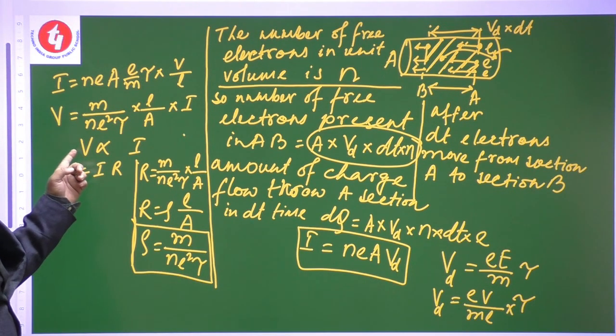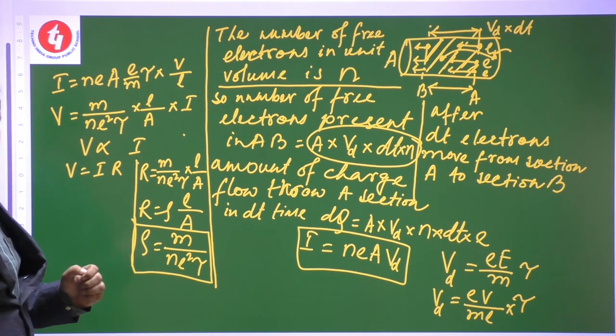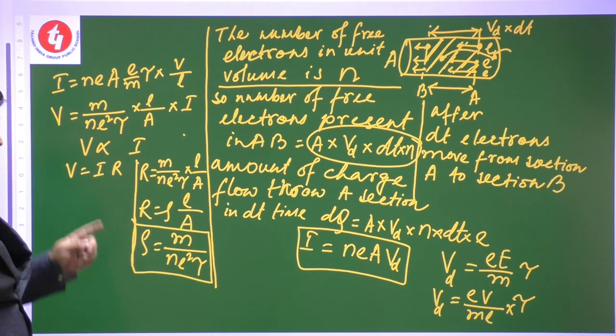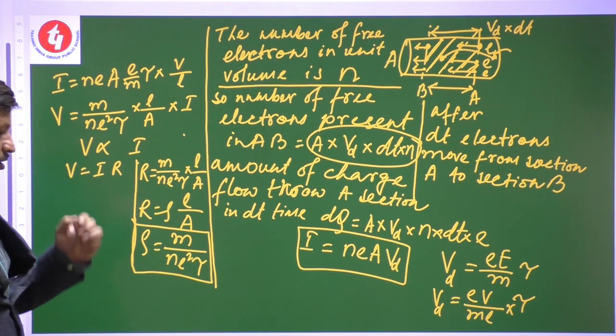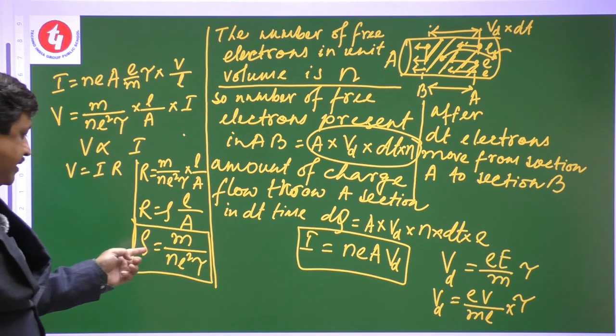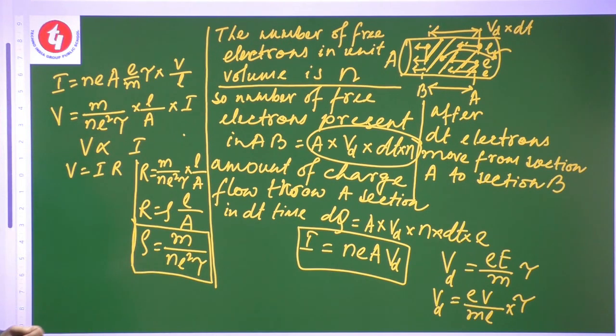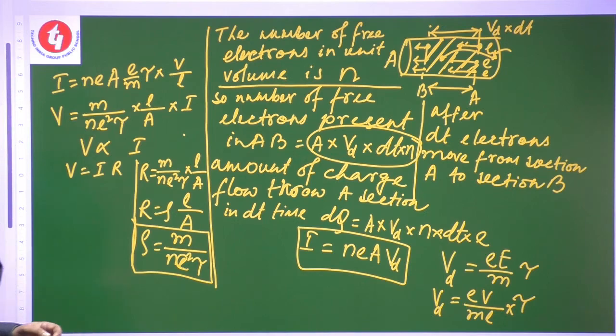Basically, you know that the unit of voltage or potential difference is volt, current is ampere, resistance is ohm, and resistivity is ohm meter, and resistivity is equal to m by n e square tau.